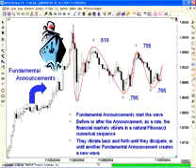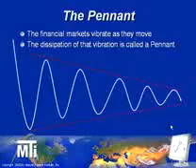Before or after the announcement, as a rule, the financial markets vibrate in a natural Fibonacci numerical sequence. They vibrate back and forth until they start to dissipate, or until another fundamental announcement creates a new wave.